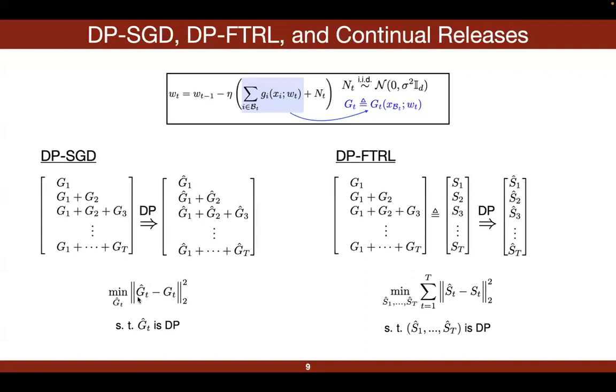If we compare with the per run estimate, then of course DPSGD will be better. But if you compare with respect to this cumulative error, then DPFTRL will be way better than DPSGD. So it's hard to tell in terms of MSE which one is better.